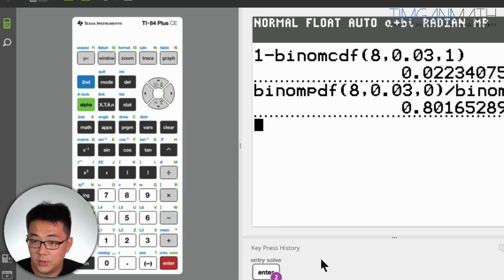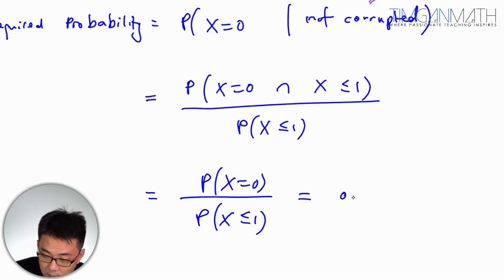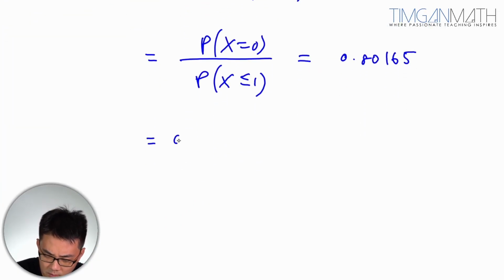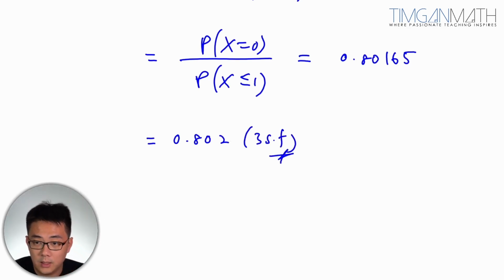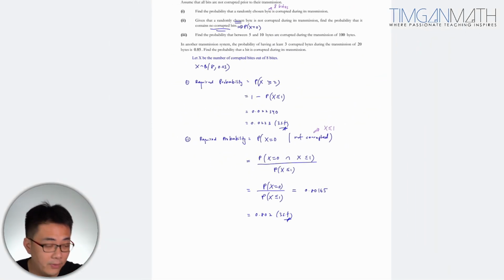This is 0.80165, which is 0.802 to 3 significant figures.